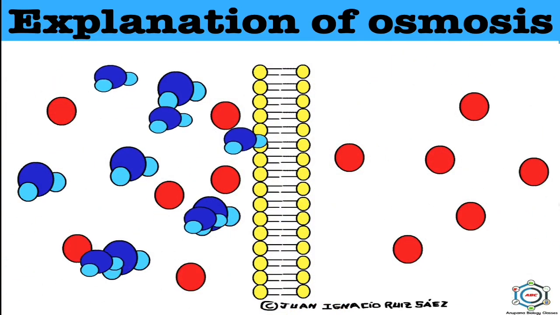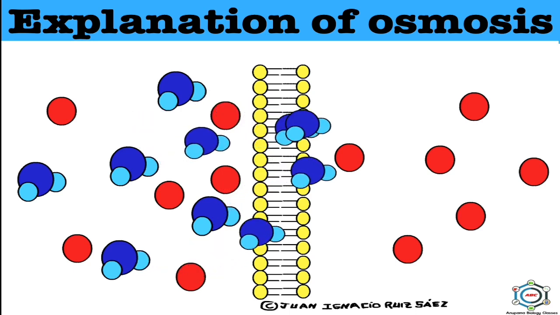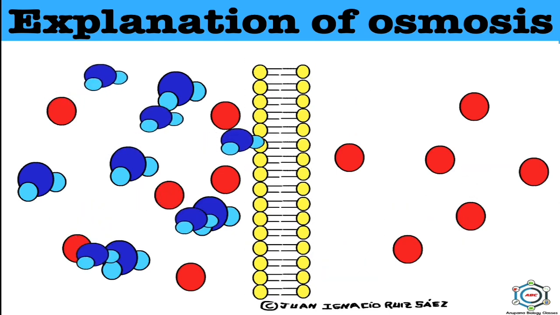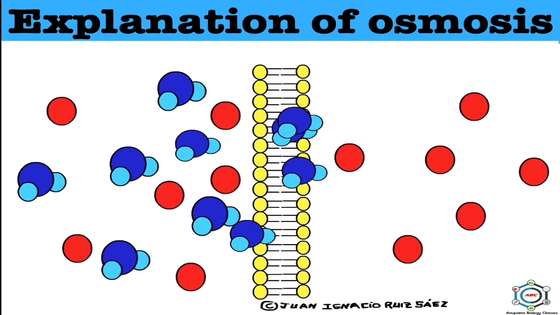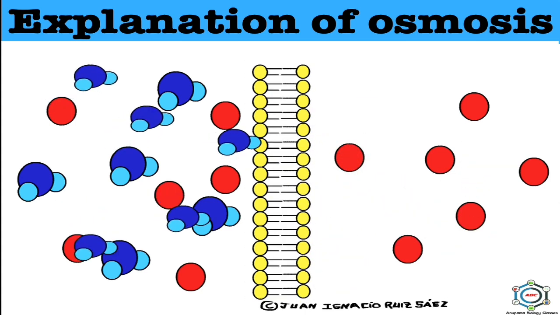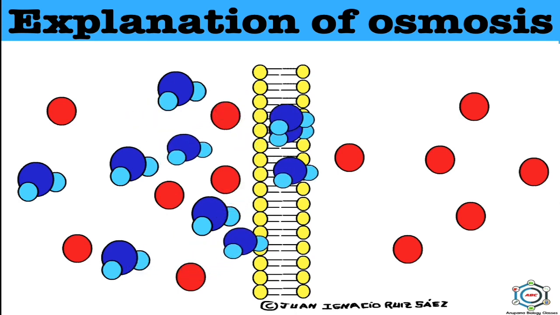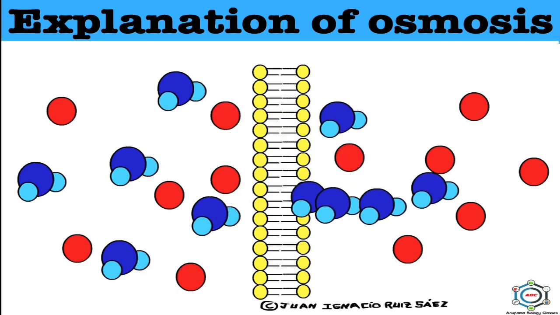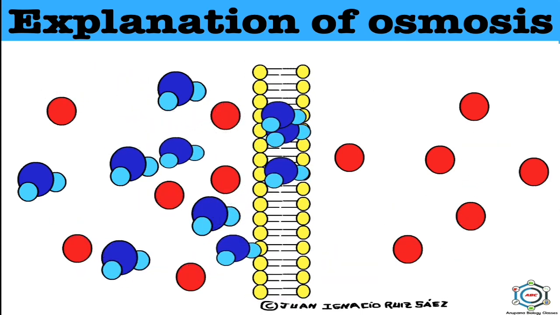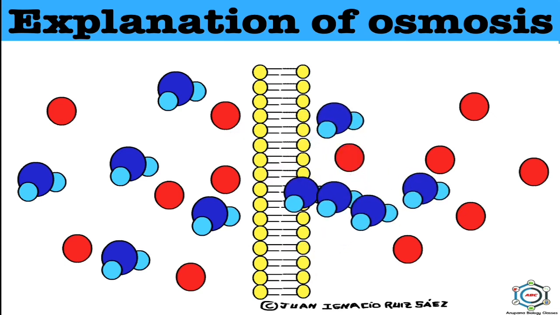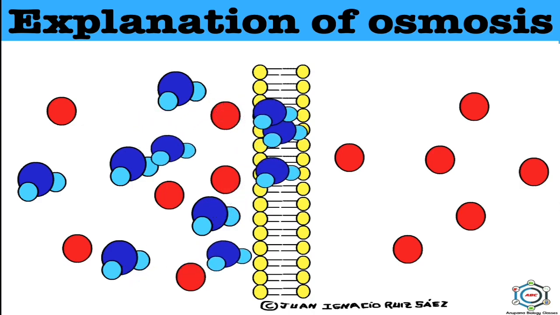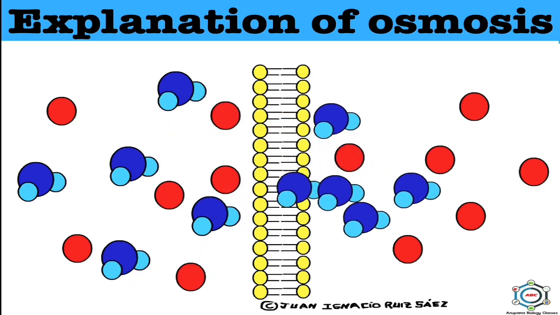So in osmosis, water molecules move from pure solvent to solution, from dilute solution to concentrated solution, from high free energy to low free energy, from higher chemical potential to lower chemical potential, and from higher diffusion pressure of water to lower diffusion pressure of water. This is all about the direction of movement of water in osmosis.